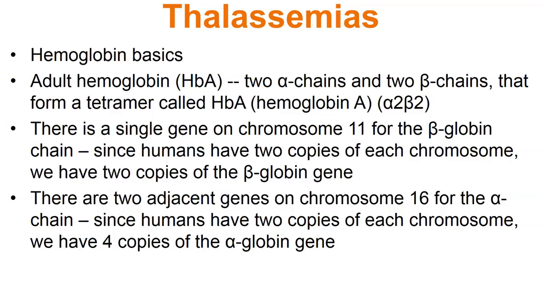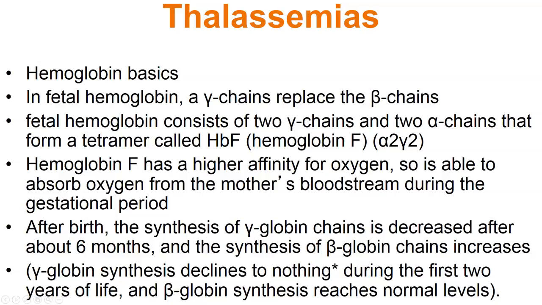You have 2 copies of chromosome 16, so you actually have 4 alpha chain genes in a normal situation. Because those genes are right next to each other on the chromosome, it creates an opportunity for things to go wrong during recombination. So we're going to talk about the alpha thalassemias and some missing genes shortly.